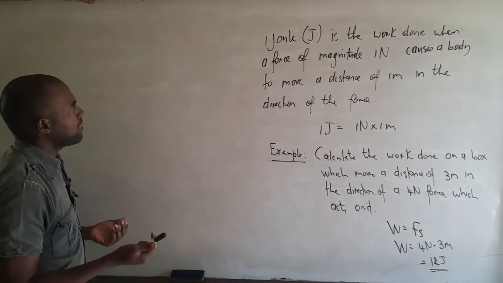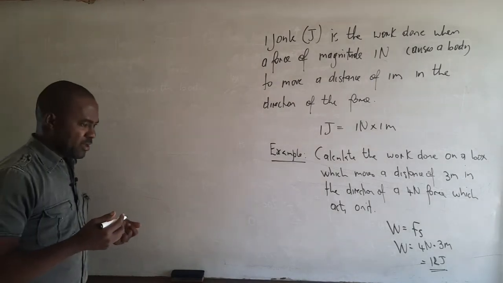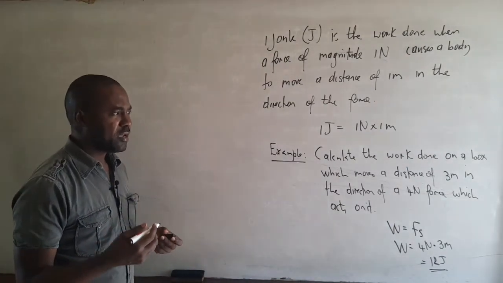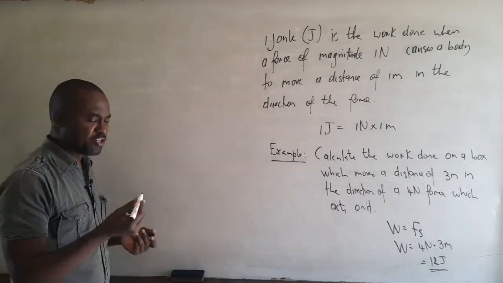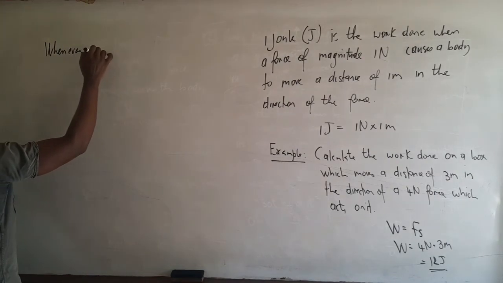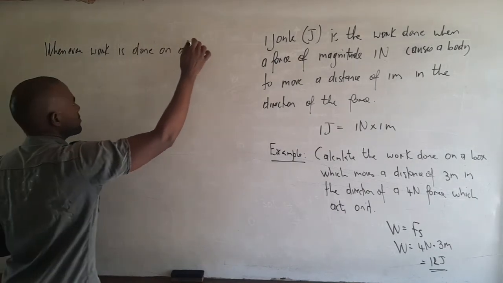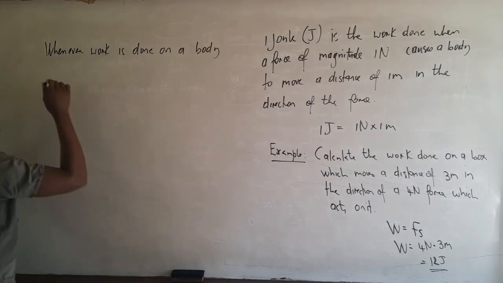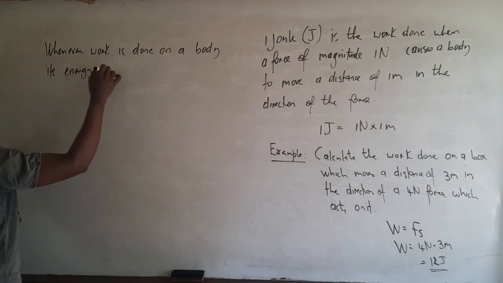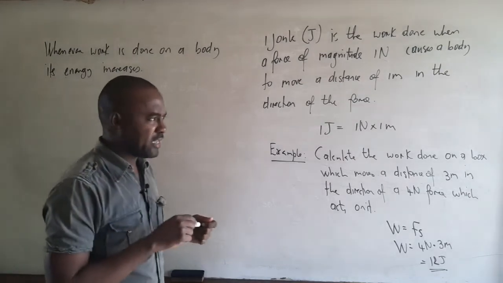There is also the relationship between work and energy, in that whenever work is done on a body, usually that body experiences an increase in energy, right? So if work is being done on the body, then naturally its energy will increase.